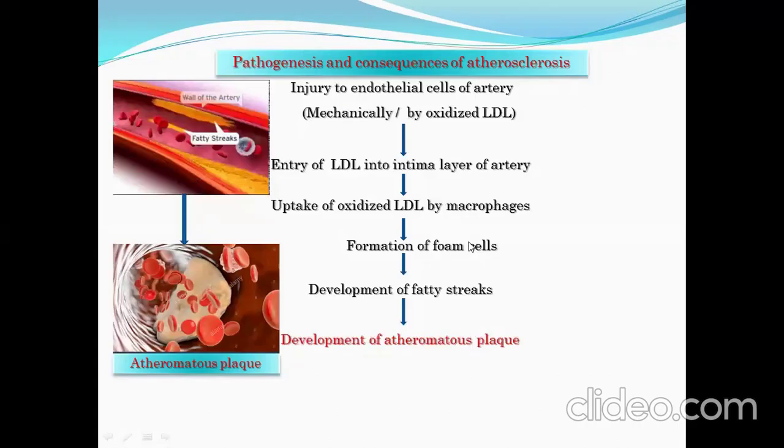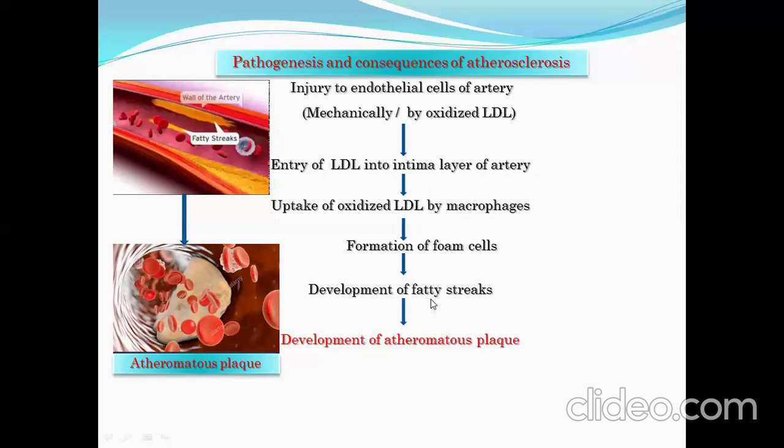So what happened? Entry of LDL into the intima layer of the artery, then uptake of oxidized LDL by the macrophages. So the macrophage is going to take up that oxidized LDL. So what happened? There is formation of foam cells. And then development of fatty streaks.